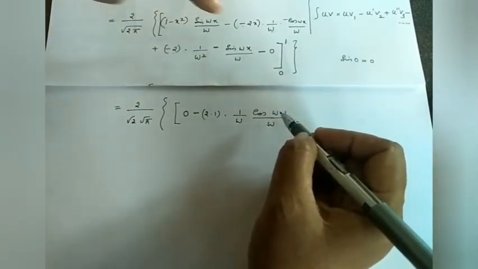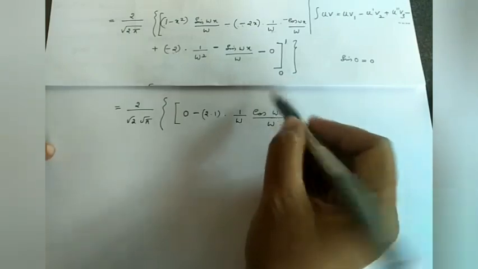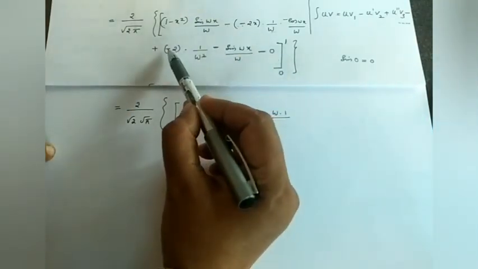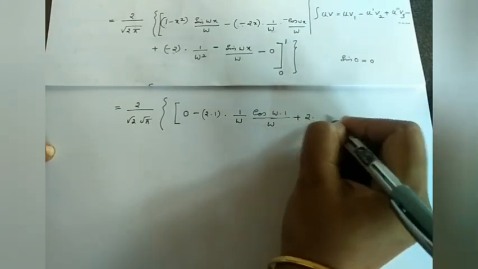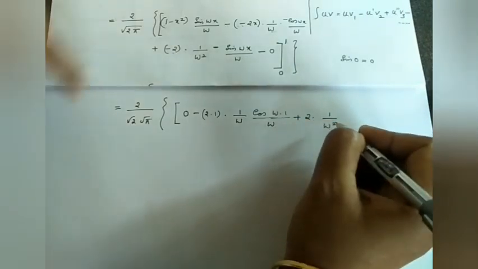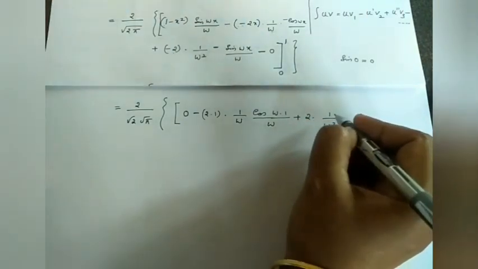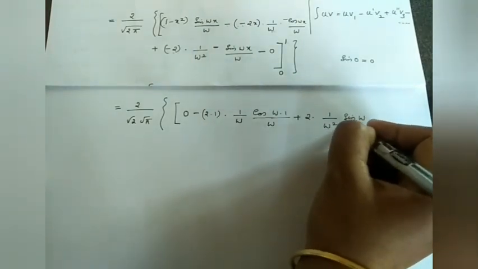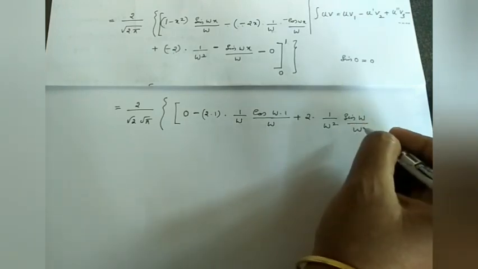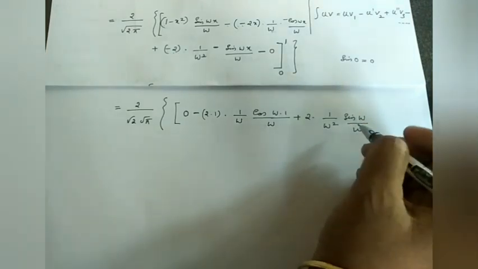Then applying 1 here, for the third term we have minus into minus, that is plus. Therefore plus 2 into 1 by omega square cos omega into 1, that is sin omega into 1, that is sin omega by omega. Then the fourth term is already 0.